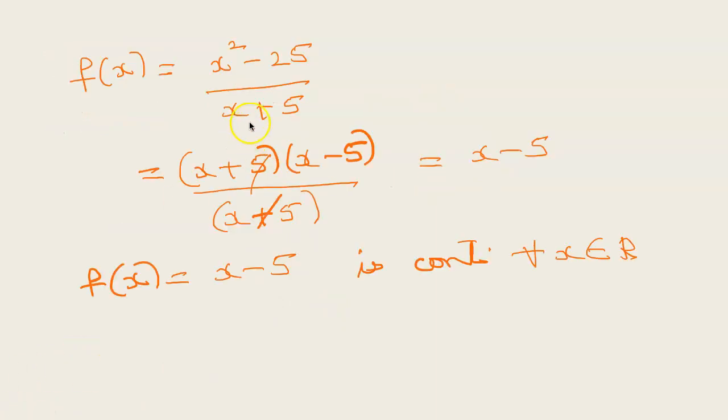So your f(x) will be equal to, when you factorize x squared - 25, you get (x + 5)(x - 5). So x + 5 will get cancelled and this is equal to x - 5. So f(x) = x - 5 is continuous for all x belonging to real numbers since it is a polynomial function.